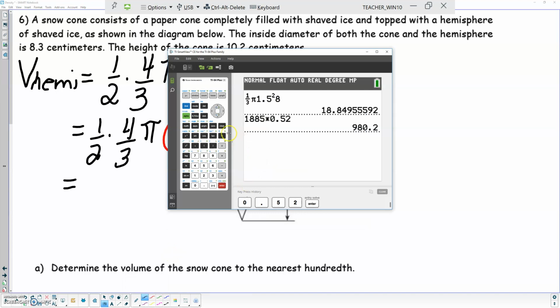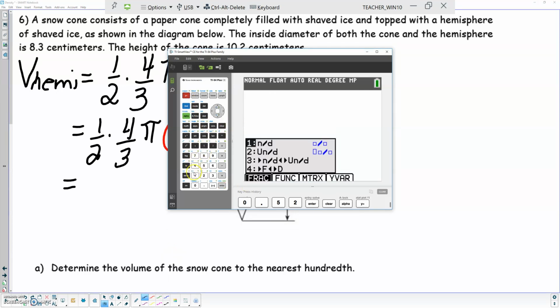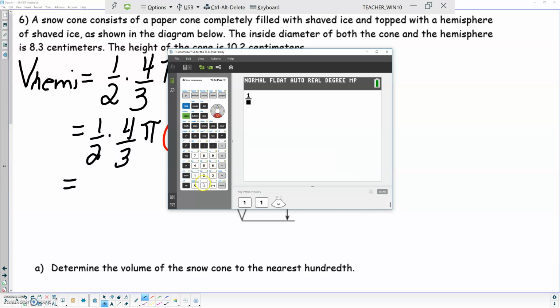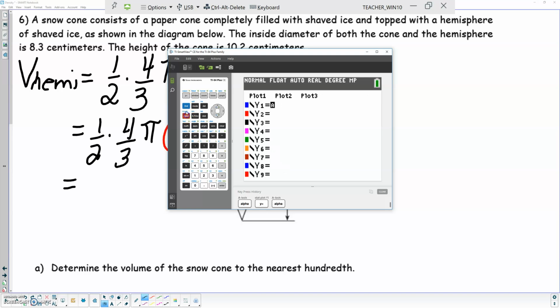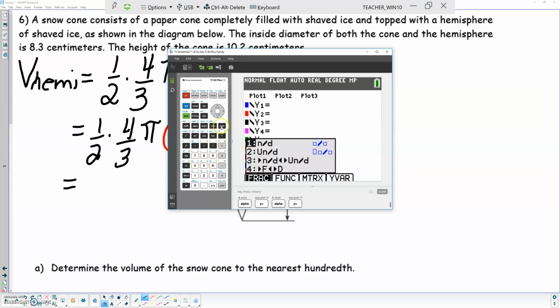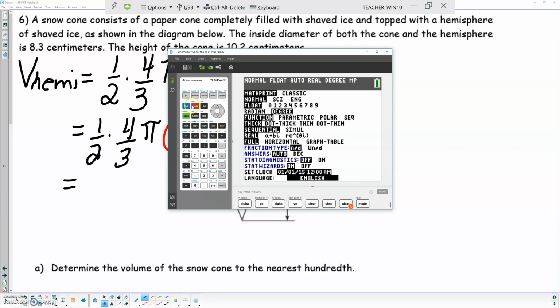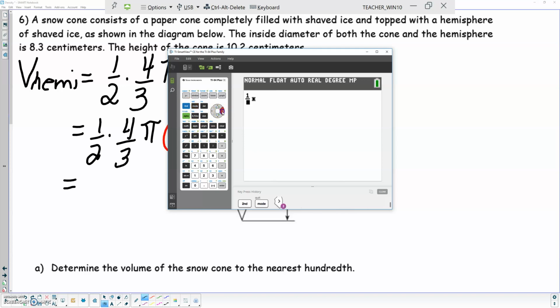Okay, so I'm going to go back to my calculator, plug that in. So 1/2 times 4/3, and our radius was 4.15.